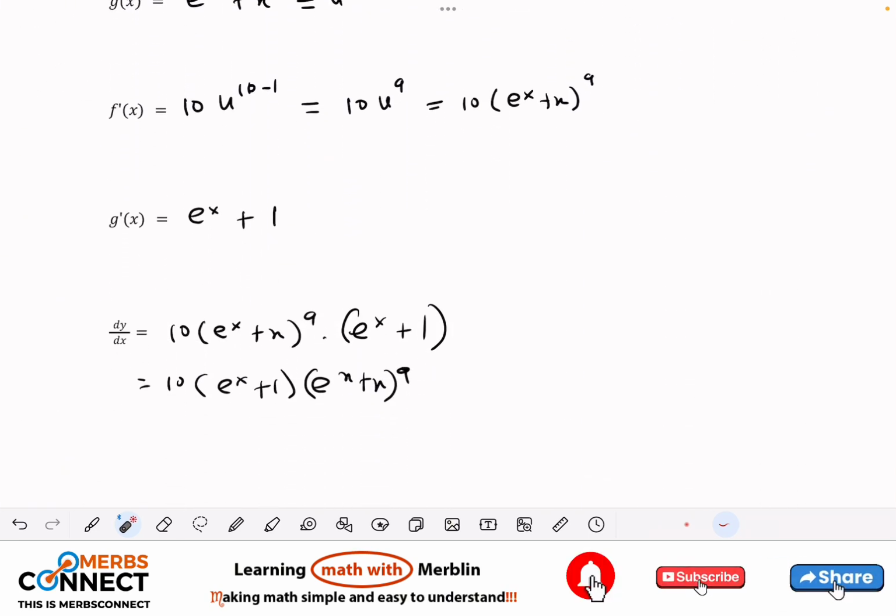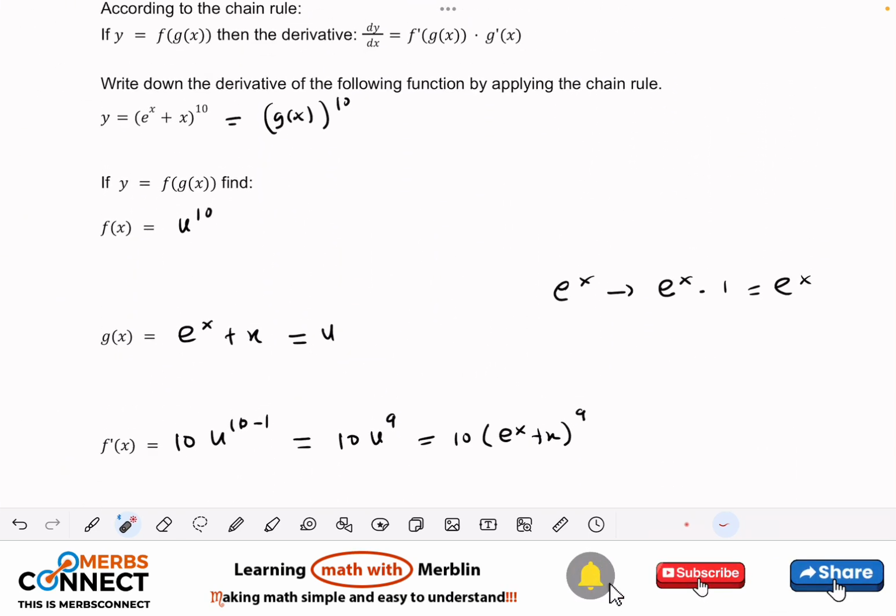So this one that we did too, we can also differentiate it straight. If I have this, then y prime will be equal to, first I apply the power rule. So the power rule says that the 10 drops down. So I drop the 10 down. I maintain the whole function, which is (e to the power x plus x) to the power 10, but I'm going to subtract 1, right?